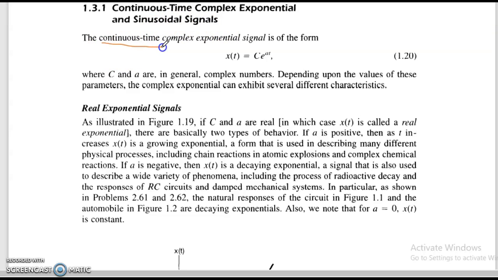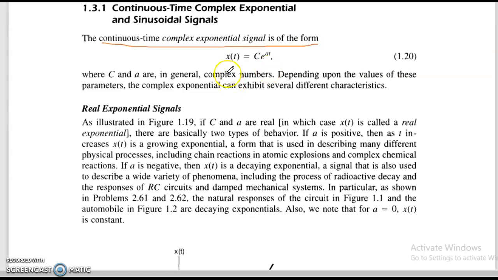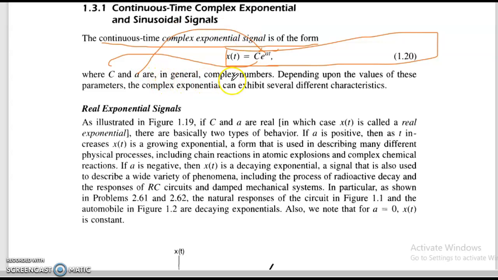The continuous time complex exponential signal is of the form x of t equal to C e to the power a t, where C and a are in general complex numbers.